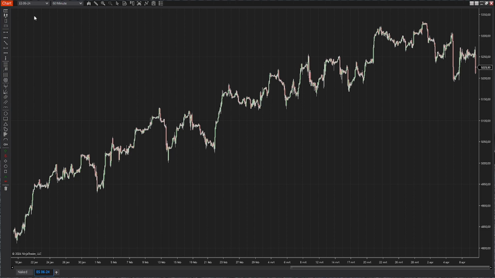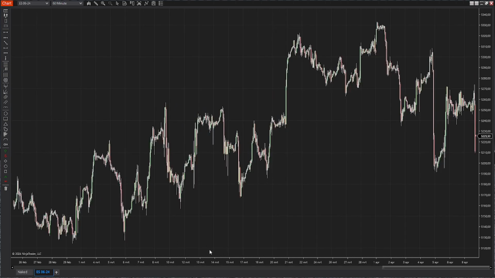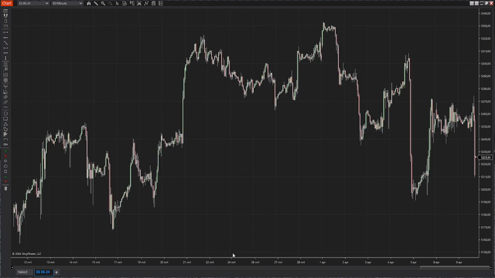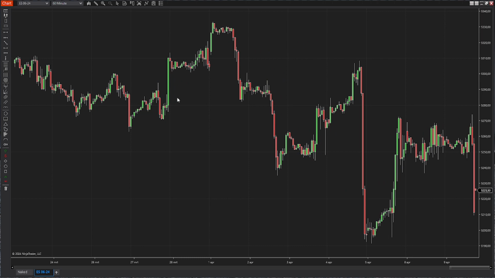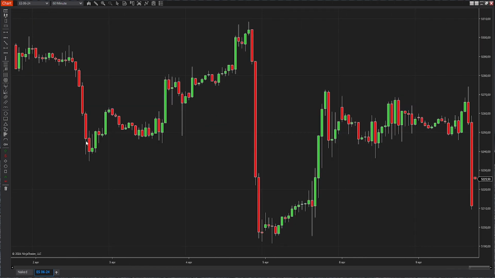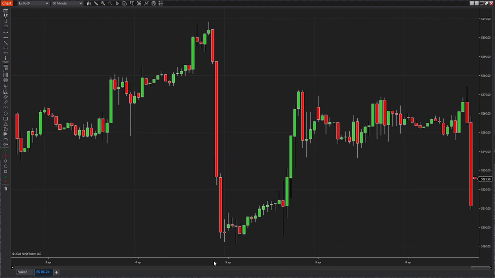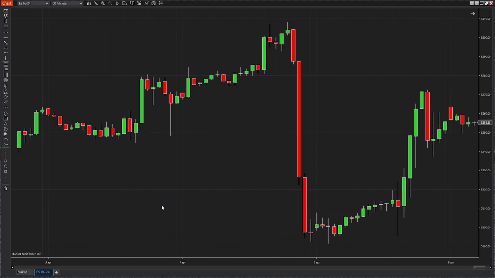Right here we have an ES chart. This is a 60-minute chart. Let's go find some of these candles in the wild. So we're looking at the tops and the bottoms right here. Here we have a clear example.